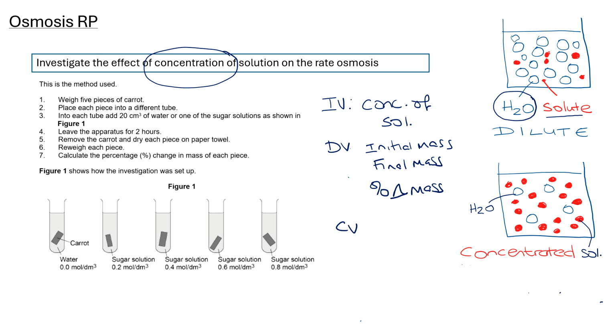The control variables are the things that you keep the same to make it reproducible. When they give you a diagram like they have in this question, it's a gift because you can see immediately things that they keep the same. For example, they all have used the same volume of solution.